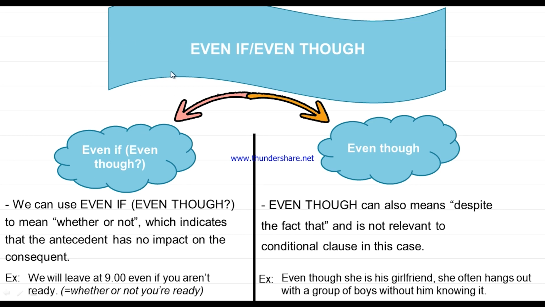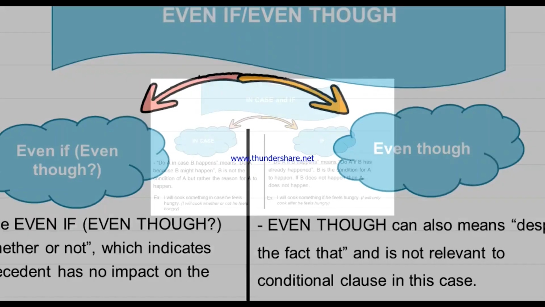And while even though has a meaning similar to even if, it also has another meaning, despite the fact that, and this meaning is not relevant to the conditional clause in this case. For example, even though she is his girlfriend, she often hangs out with a group of boys without him knowing it.